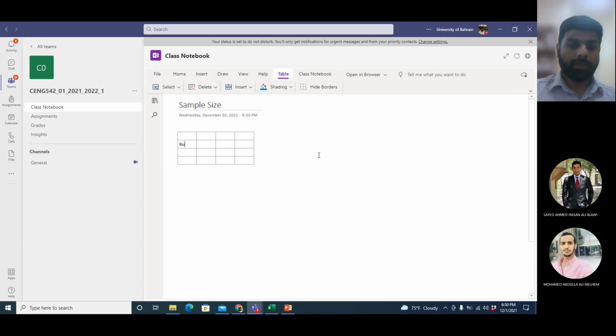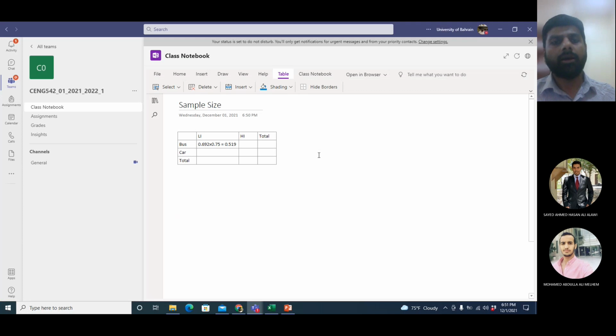Okay, so bus, car, total, low income, high income, total. The first one they have already done, which was 0.692 times 0.75, and this is 0.519.